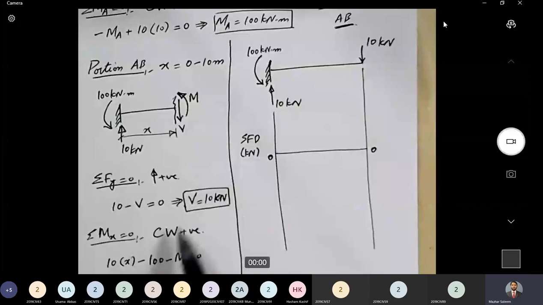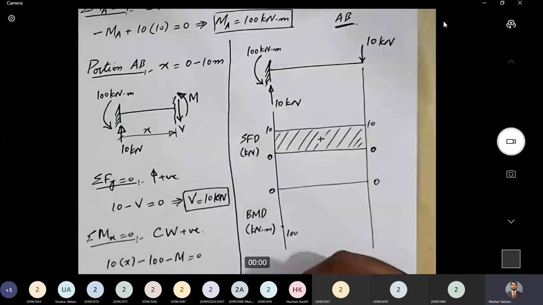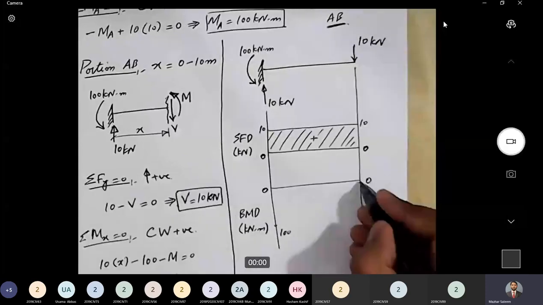So this is 100, and as we did in the last problem, we just need to mark the negative values on the negative side, or on the lower side of 0. We do not need to put any sign with this. We'll put the absolute value. This negative value means that it should be marked below the 0 line. So we have here minus 100 at point A, and at point B, the value is 0.